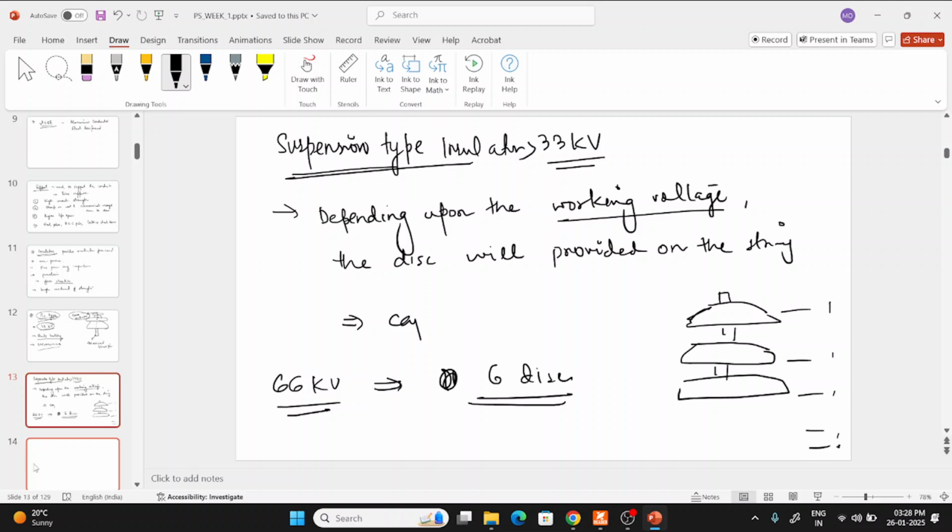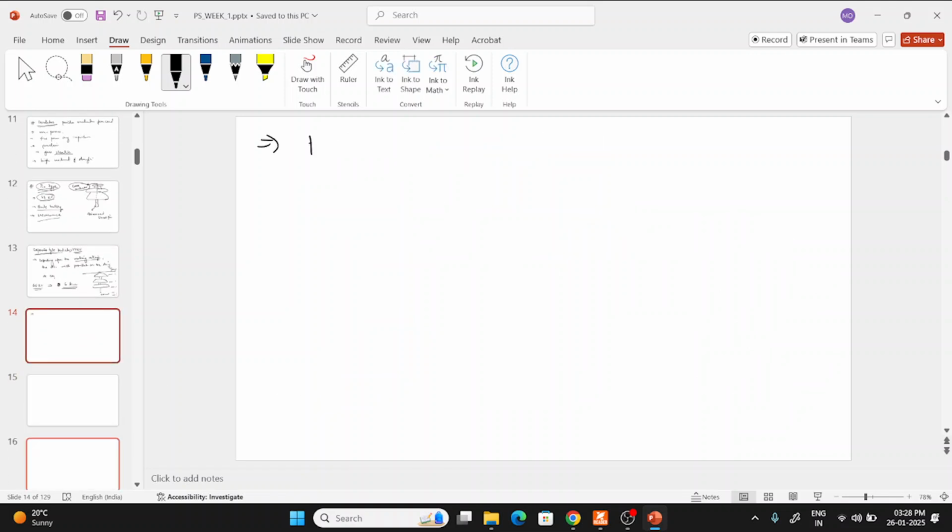Now whenever we connect, this is the tower and this is the conductor. Whenever the discs are connected, the voltage profile, or I would say voltage distribution, is not uniform.